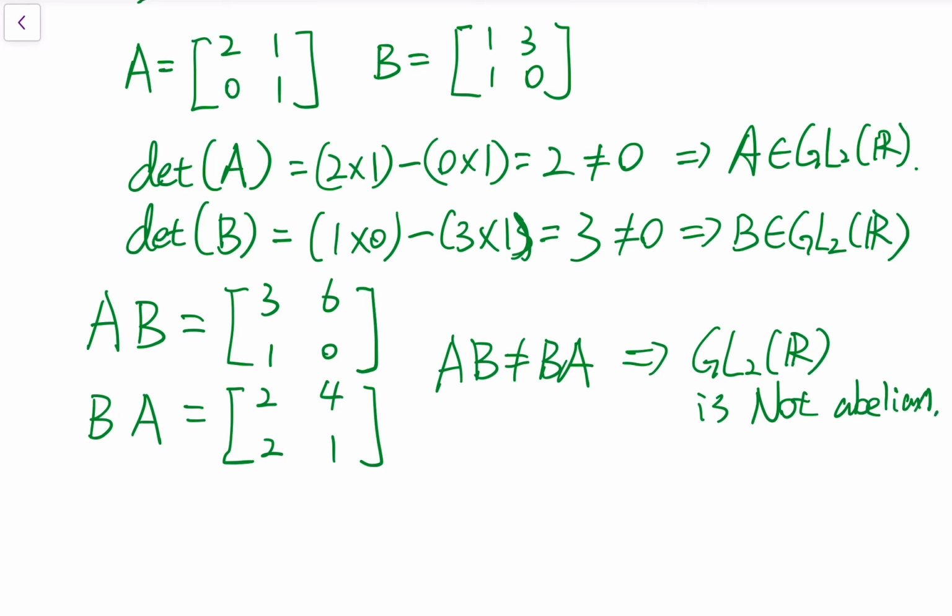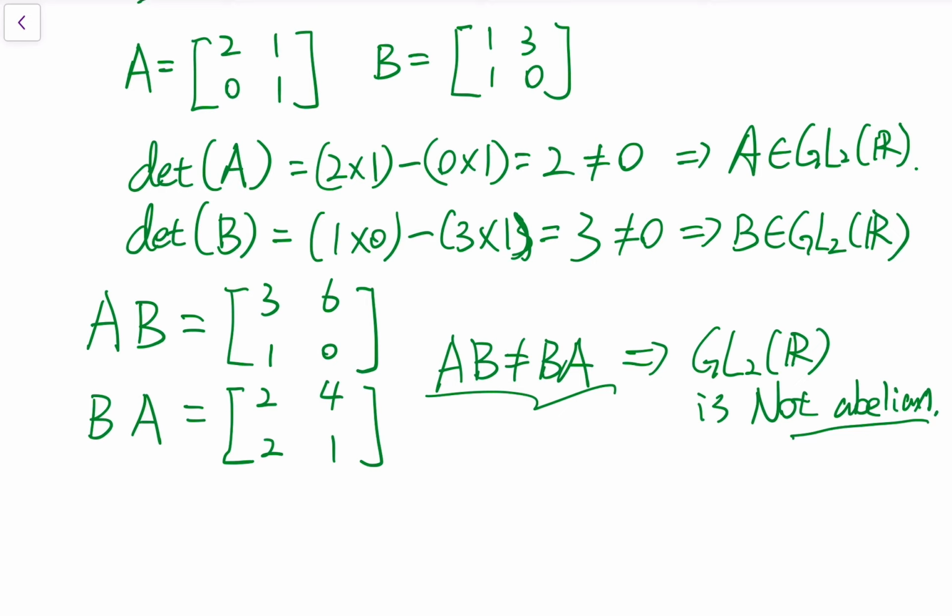Here we can see that to prove a group is not Abelian, we just need to find one counterexample, just like this, showing there are two elements in this group that do not follow the commutative property.